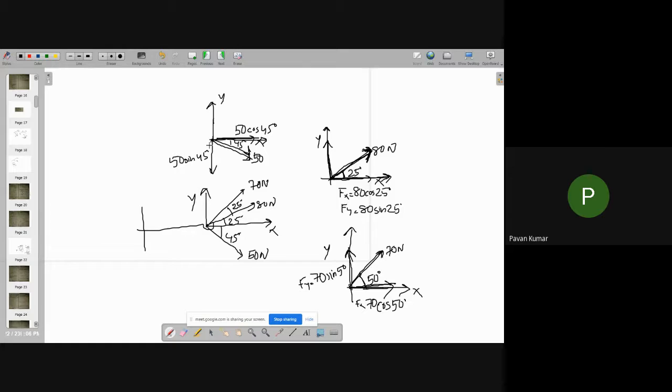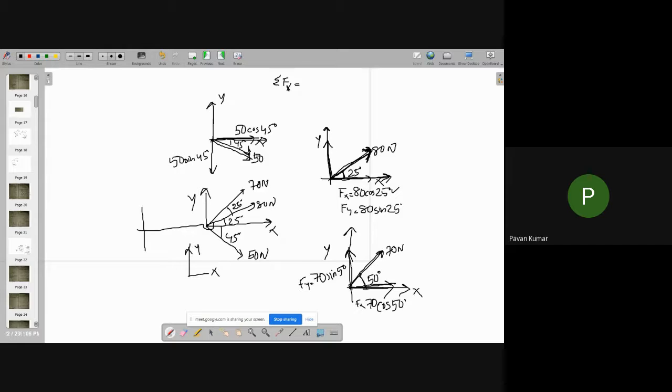Now the second step is that we have to add all the forces along the x and y direction. So we can add it, sigma fx. In the global axes, our assumed positive direction is along x and y.